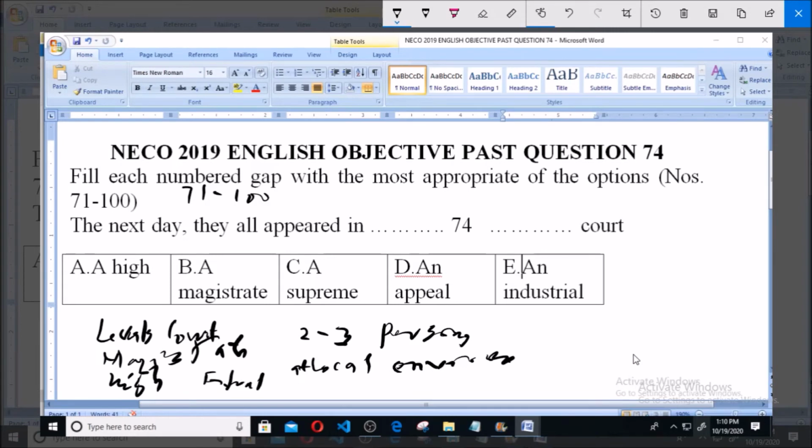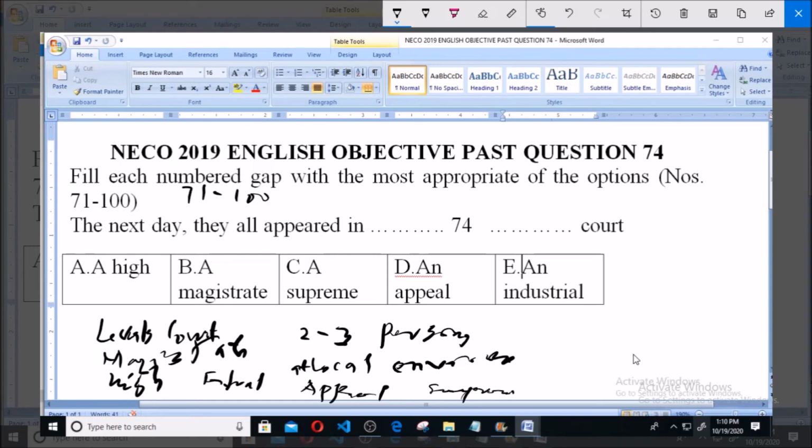Then we also have the appeal court, then we have the Supreme Court, which is the highest court in the land. So, by the time we read further, we find out that it is actually a magistrate court.